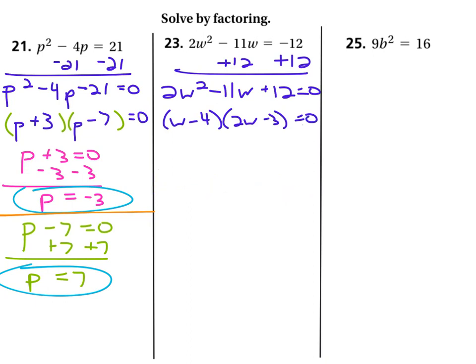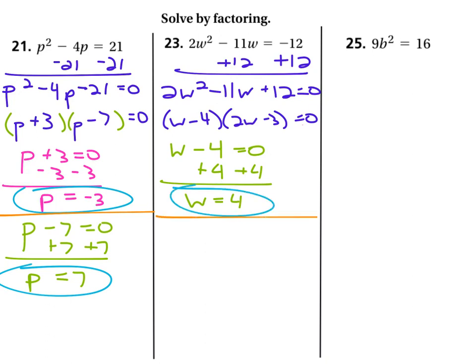And when we set those equal to 0, we say maybe it was w minus 4 that equaled 0. Add 4 to both sides to find out. W equals 4. Or it could have been 2w minus 3 that was equal to 0.